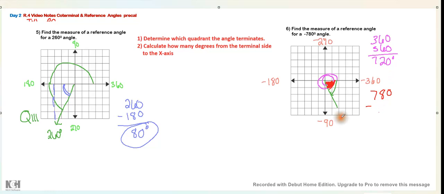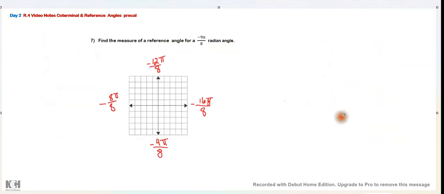Hang on, I confused myself. The 720 was the two complete times around. So you take the 780 degrees, subtract to find this difference right here, and that's just 60 degrees. So that would be your reference angle, this part right there. That's all we're worried about.